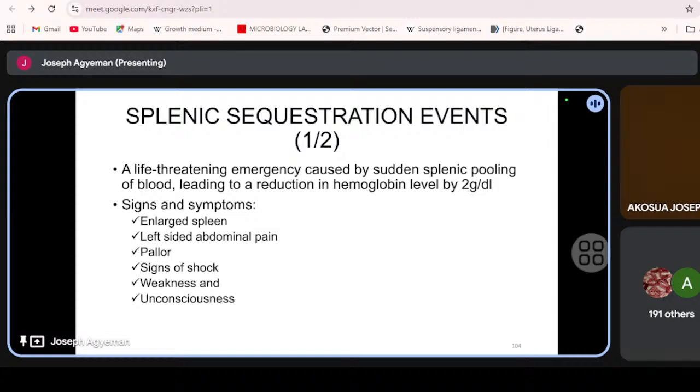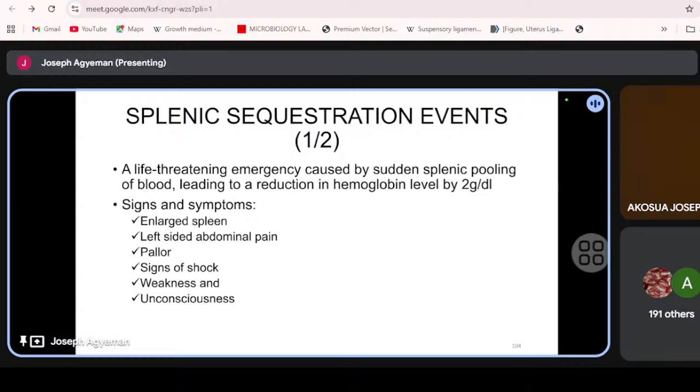It's creating a drop in Hb. You are going to have pallor. Signs of shock, because you are not going to have that volume of blood in your blood vessels anymore. So you can get hypovolemic shock, anemia, weakness. And of course, once you have this level of anemia, you are going to have reduced oxygen supply to your brain.